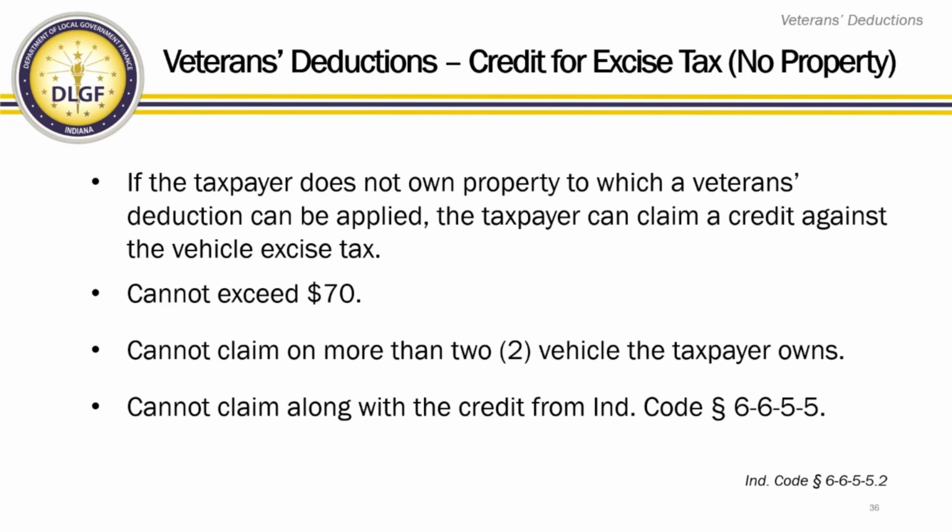That could qualify the taxpayer for an excise credit of not to exceed $70 and cannot be on more than 2 vehicles that the taxpayer owns. And this credit cannot be claimed along with the credit from the application of the remaining balance of the veterans deductions that I mentioned in the previous slide. Next.